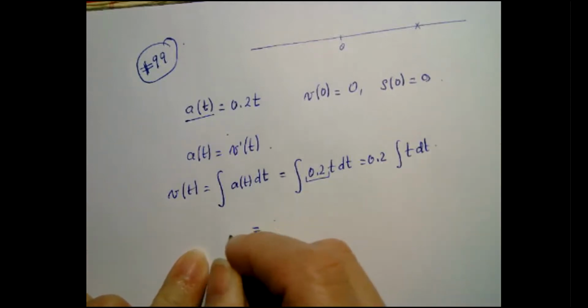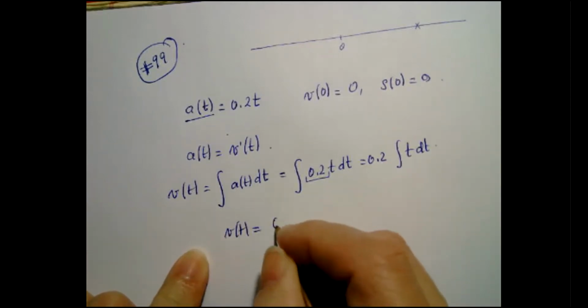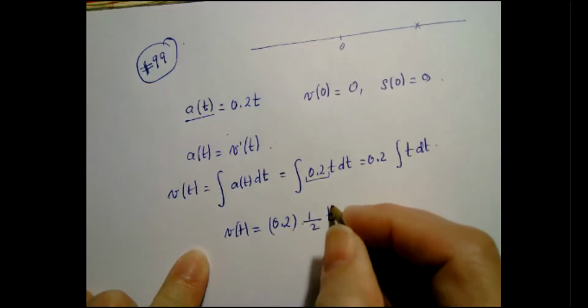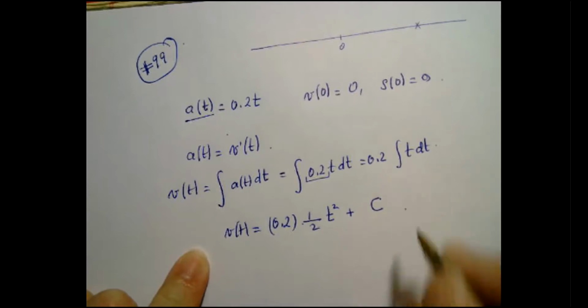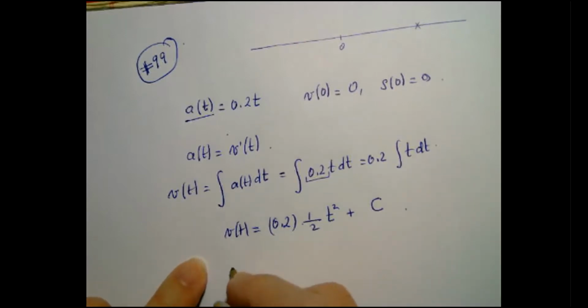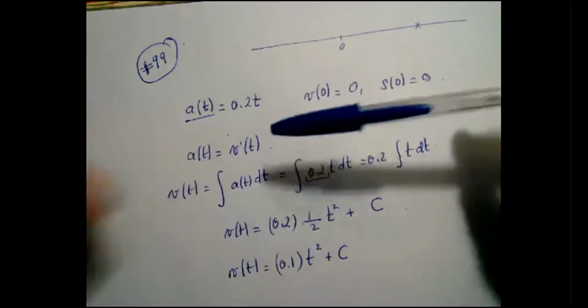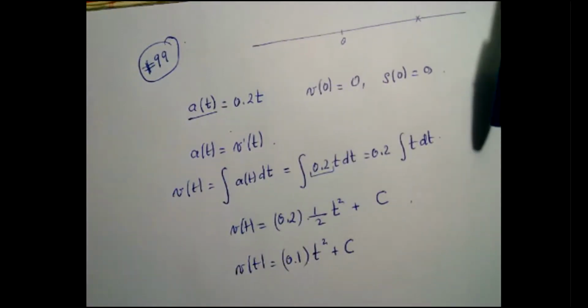It means the velocity is 0.2 times a half t squared plus a certain constant c. Means the velocity is 0.1t squared plus c. So if I know the acceleration, so I know the derivative of the velocity, I know the velocity.